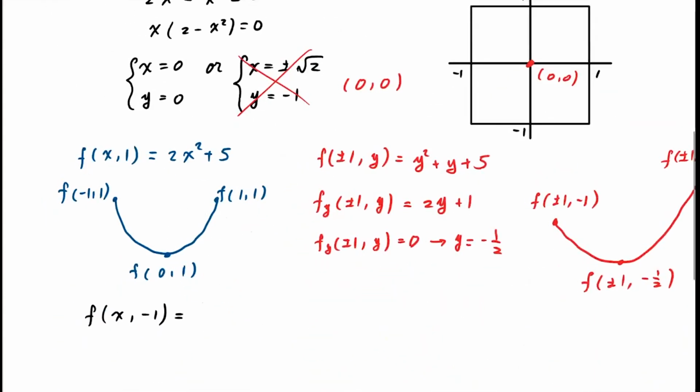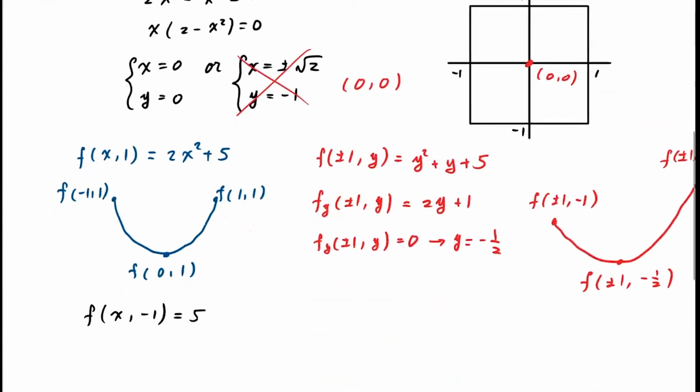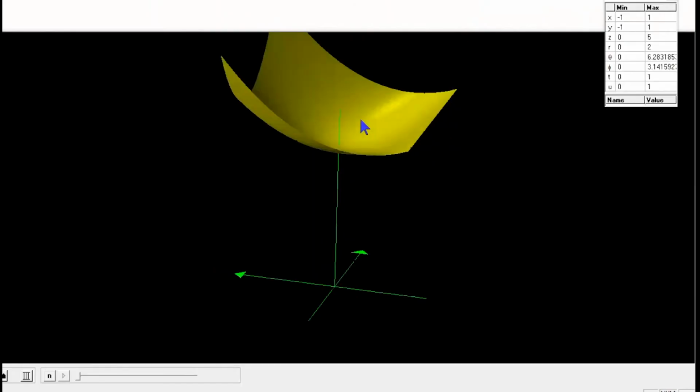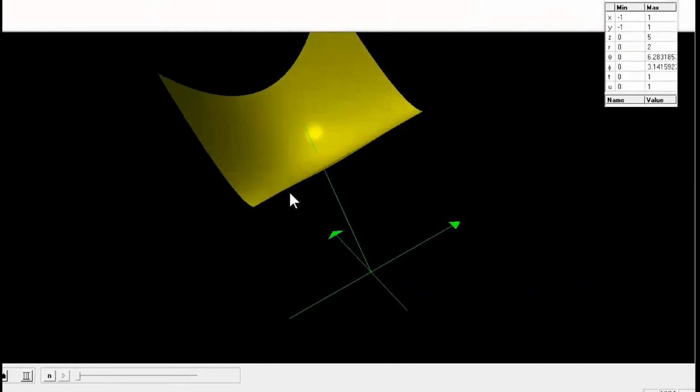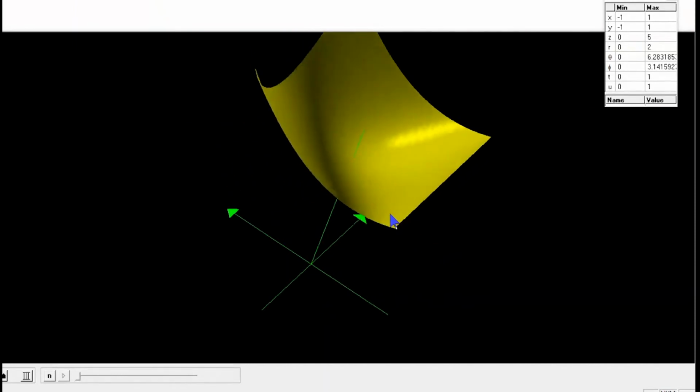This is 5. Right? Good. Wait, was it constant? Let's see. Yes, you see how flat that line is? So it is constant along that line when y is equal to -1. Good. Okay, that is our candidate, nevertheless.